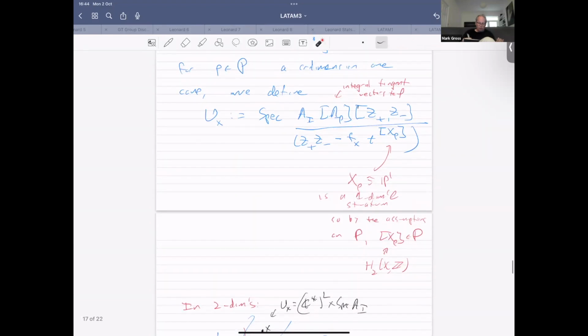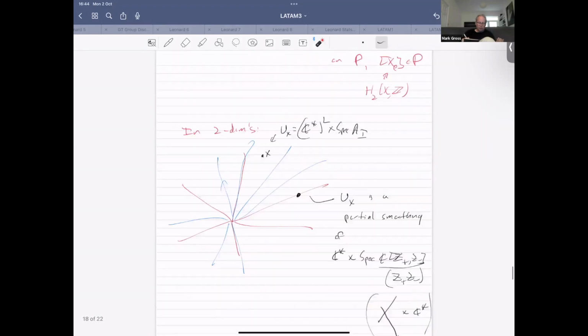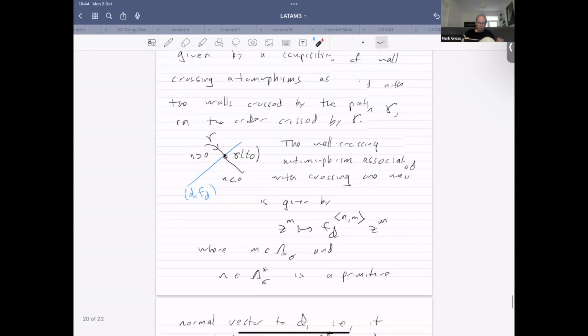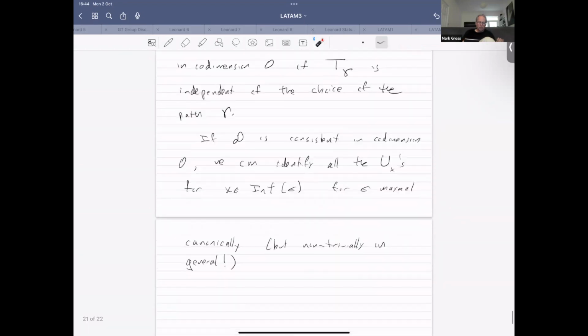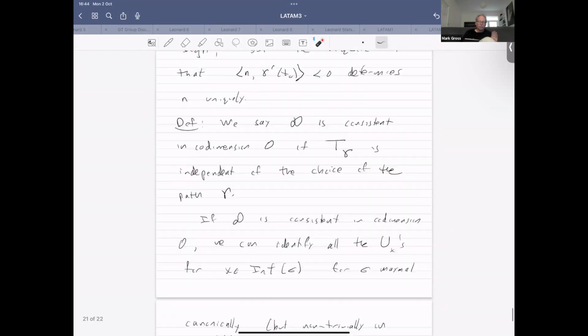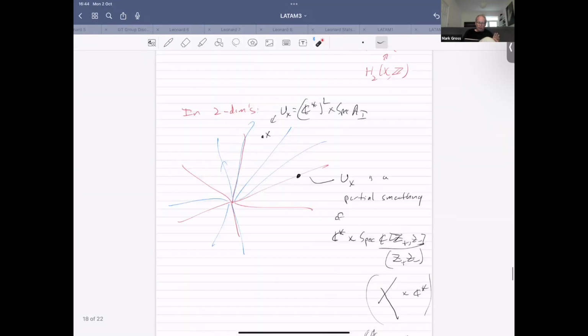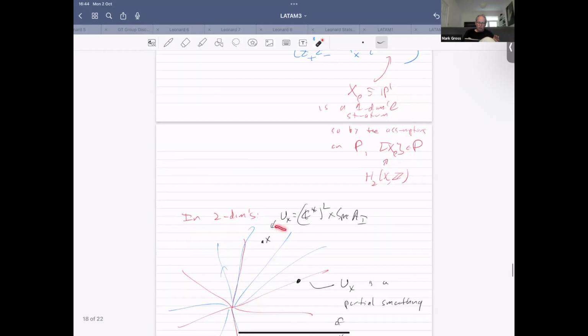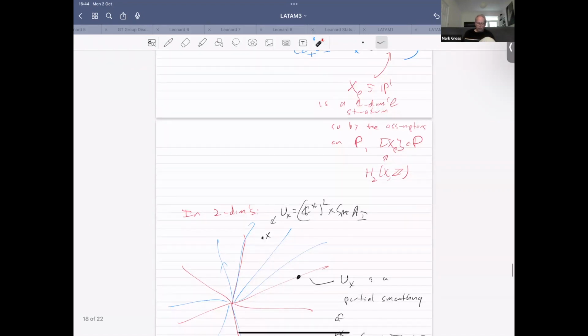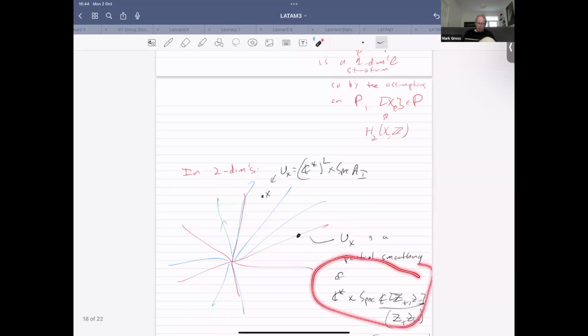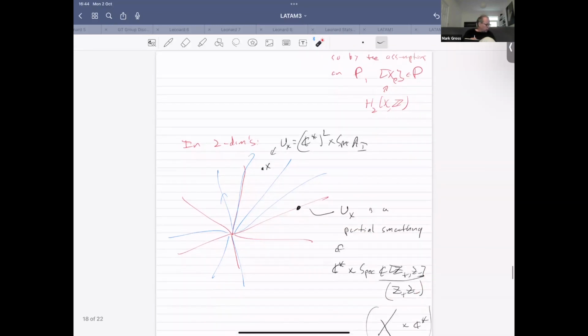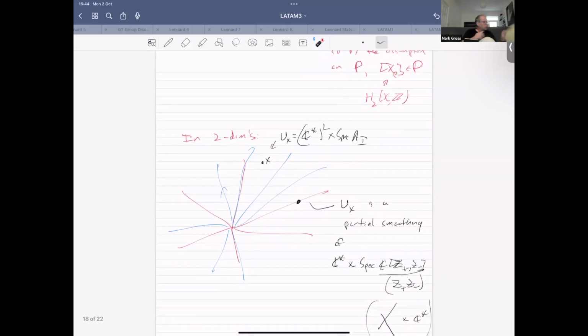All right, so we had these kinds of ux's, which are just algebraic tori. I've now just shown how to identify all of those if we are within a single chamber, a single maximal cell. But I also have these other kinds of ux's. And that requires a little bit more explanation.